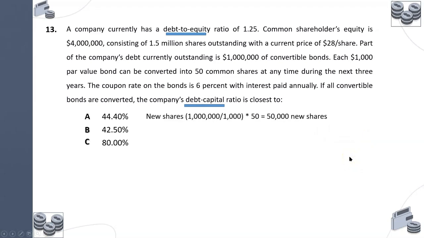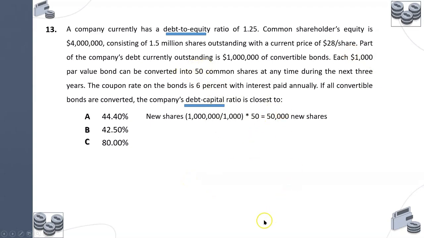Let us see a few calculations. The number of new shares will be $1,000 divided by each 1,000 gives 1 share, times 50, because each $1,000 bond will give 50 new common shares.